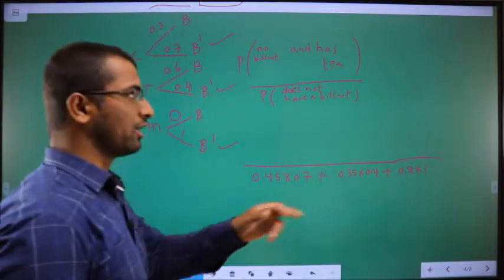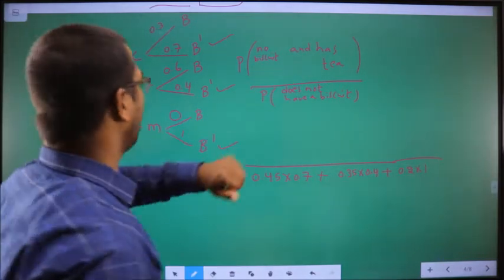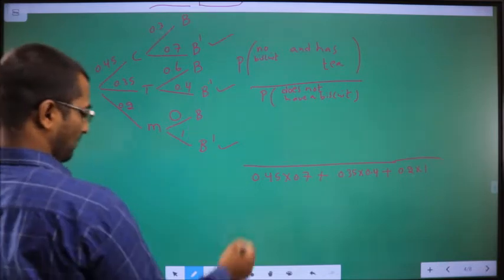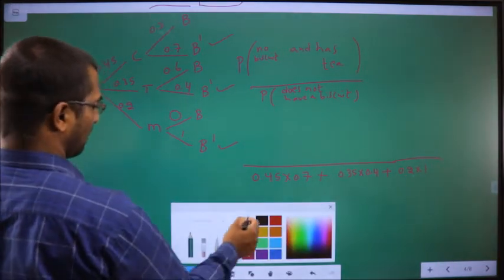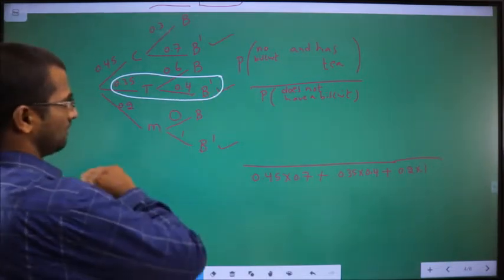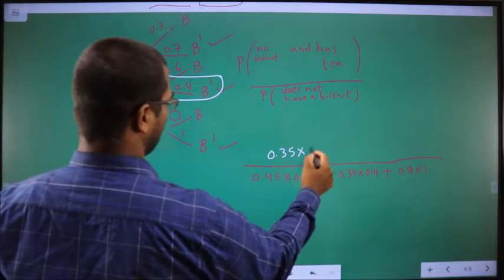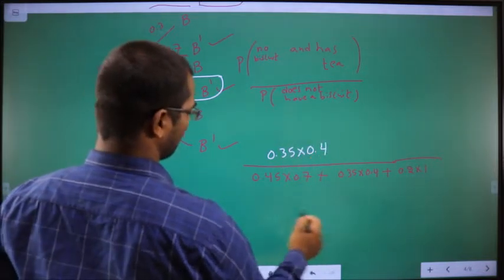Okay. Of not having a biscuit. In the numerator, no biscuit and also tea. No biscuit and tea will be this thing.